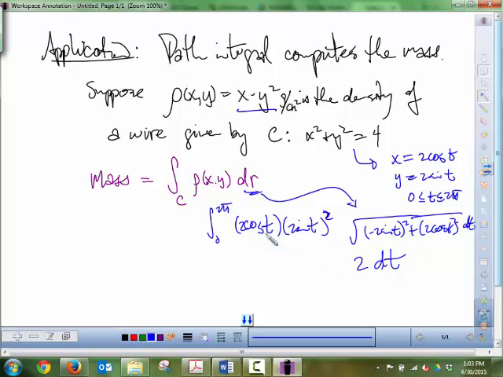And then you just carry out this integral by simple u substitution, and so on. Then you'll find the mass of this particular wire with a path integral.